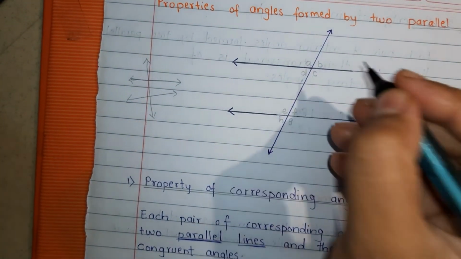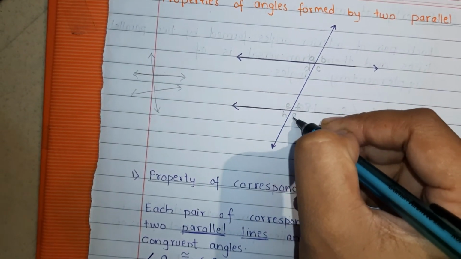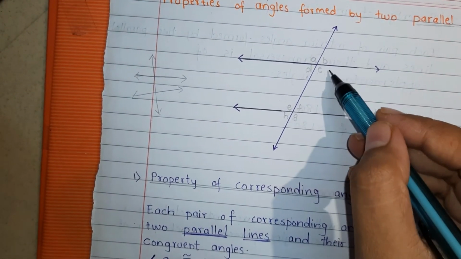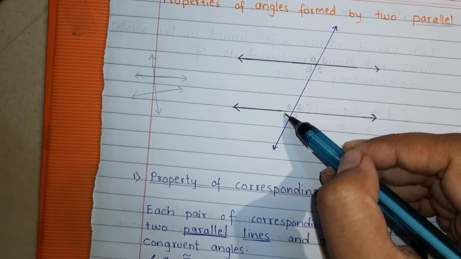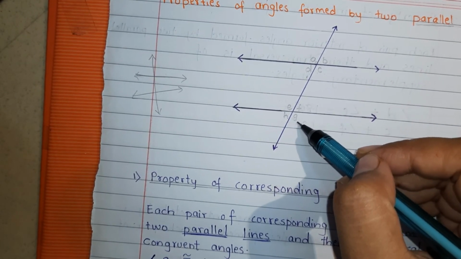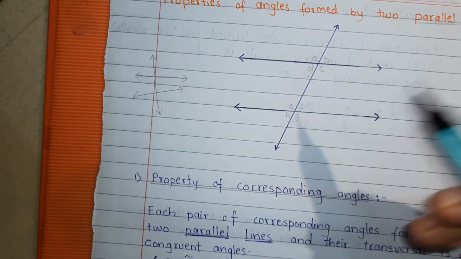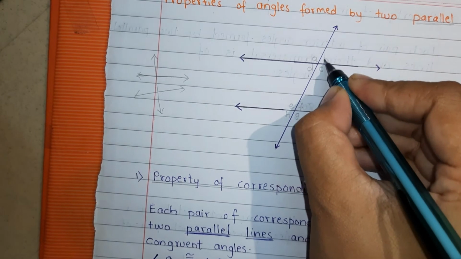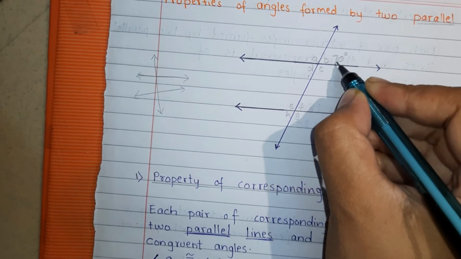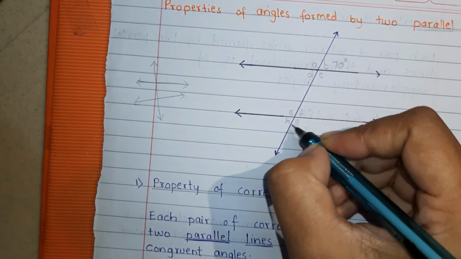This is the question. 8 angles are there: A, B, C, D, E, F, G, H. If the measurement of any one angle is given to you and they ask you to find the measurement of all the other angles, can you find it? Suppose angle B is given to you as 70 degrees, and they have said find the measure of A, D, C, E, F, G, H.